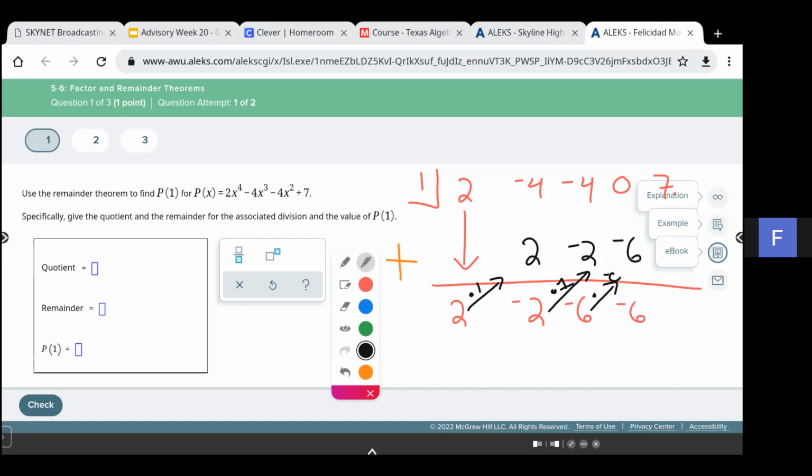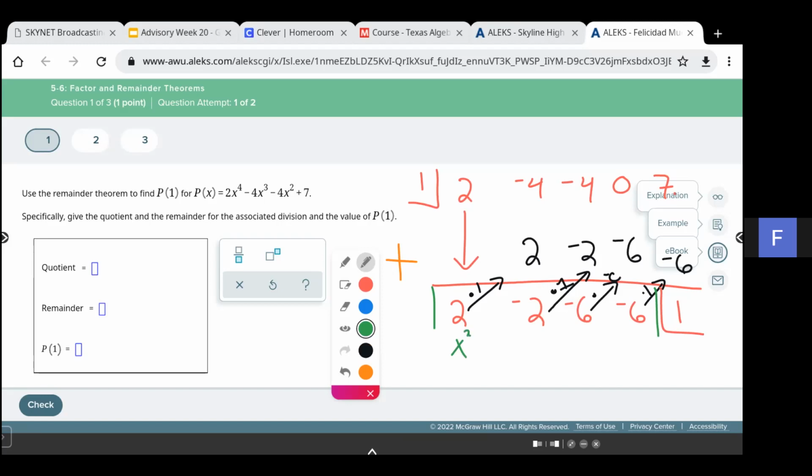I multiply by 1 and I get -6 yet again. 7 minus 6, or plus -6, gets me 1. I don't know why it took me so long to come up with that, but I get 1. Looking here, as a reminder, this part is my quotient, and this tells me my coefficients starting 1 degree less.